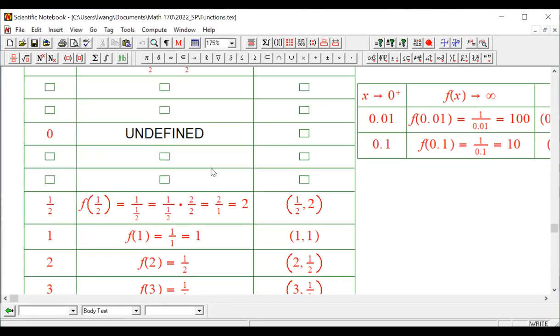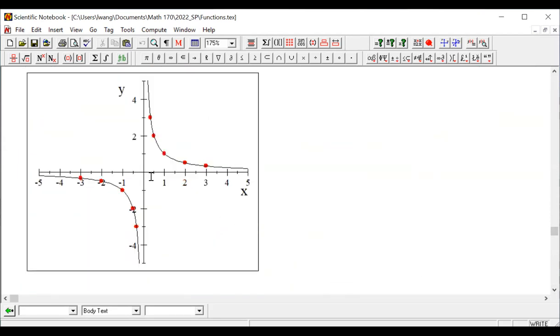So for these two, in the neighborhood of 0, the input is 0. We want to observe what's going on when we are approaching 0 in this direction, and when we are approaching 0 from this other direction.